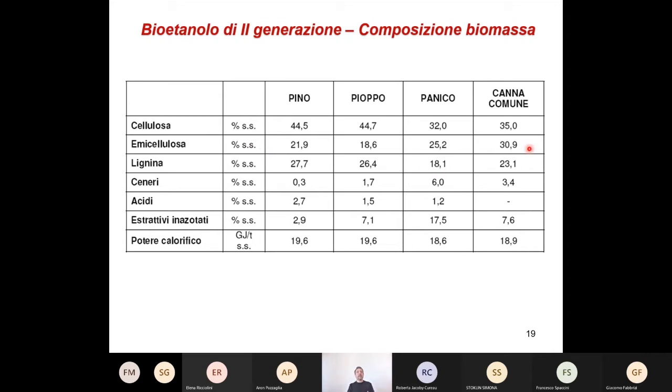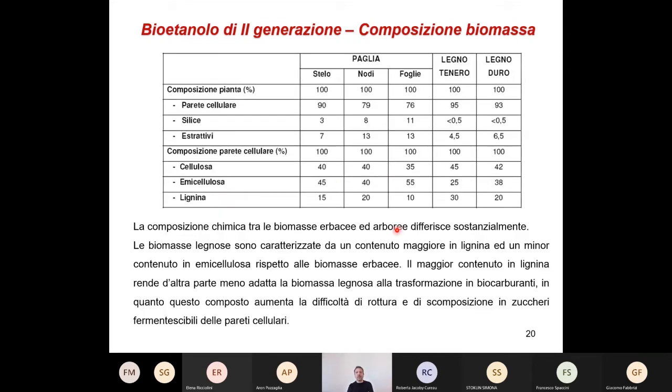Lignin is between 20 and 27%, and of course there are ashes and other elements. Okay, so these are some typical compositions. We don't go into detail, but it depends. In the same plant, in the same biomass, it depends if you are considering the external part of the wood, for example, or the internal or other parts, for example leaves and so on. So the composition can change also inside a biomass.